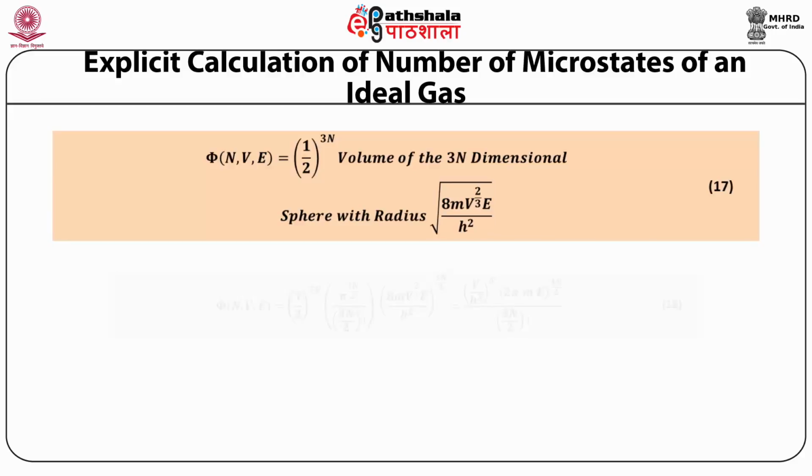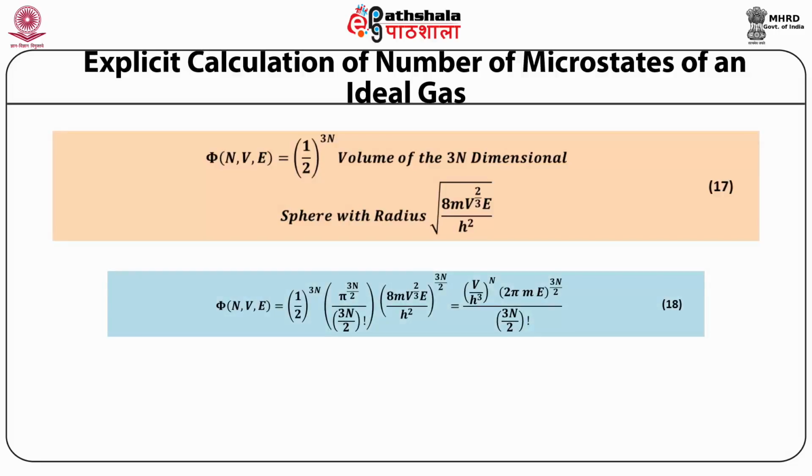That is, phi as a function of N, V and E is equal to 1 upon 2 raised to power 3N multiplied by pi raised to power 3N/2 divided by (3N/2) factorial multiplied by 8m V raised to power 2/3 multiplied by E divided by Planck's constant square, raised to power 3N/2, which on simplification becomes equal to (V upon h cube) raised to power N multiplied by (2 pi m E) raised to power 3N/2.